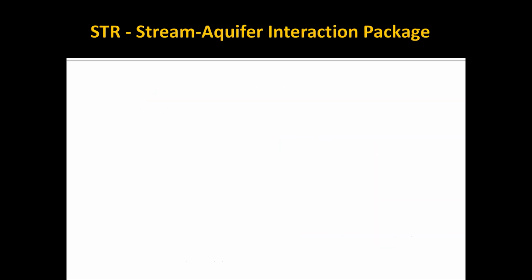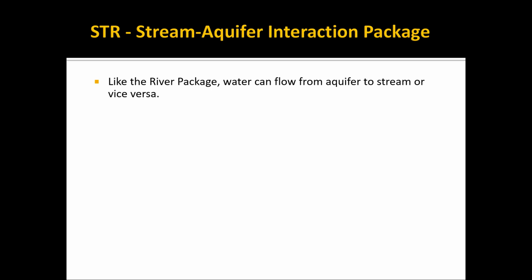Now, that's the most basic way to represent a river. A few years after the river package came out, again, that was part of the original version of MODFLOW, they came out with some more advanced methods, one of which is the STR package, the Stream Aquifer Interaction package. In a lot of ways, it works identically to the river package.